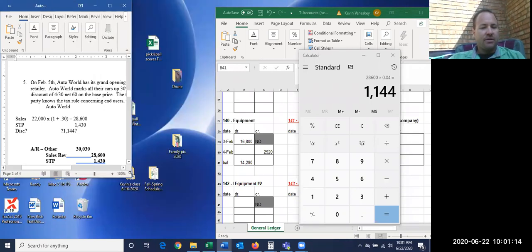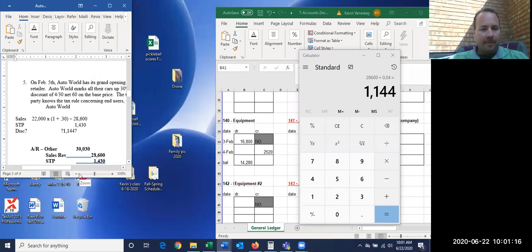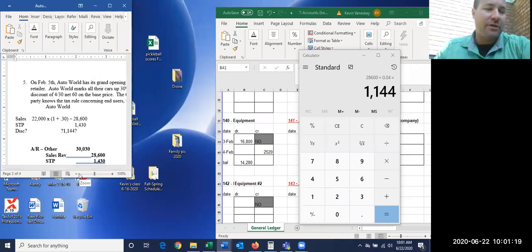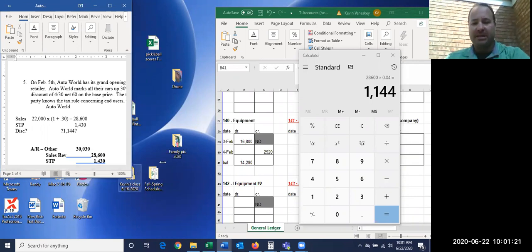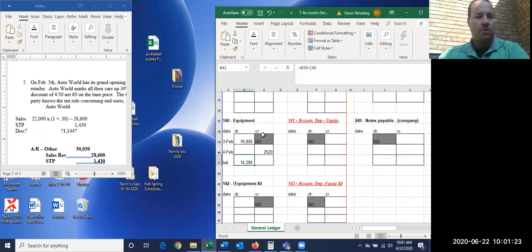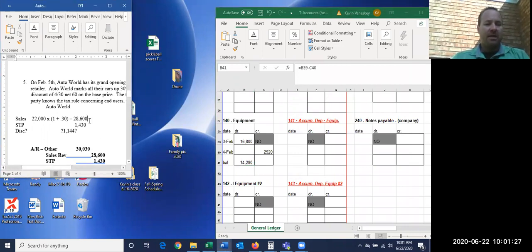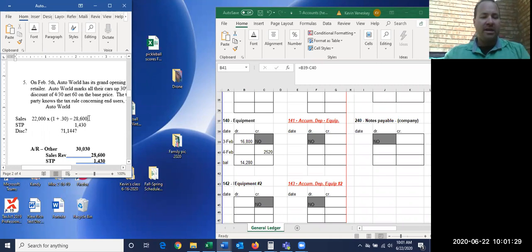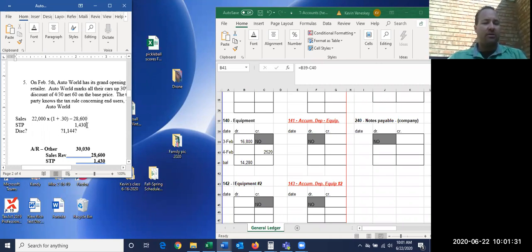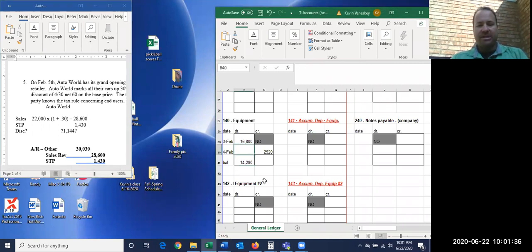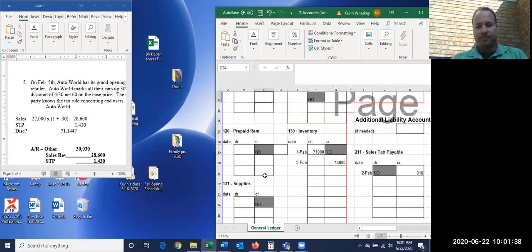All right. So what am I getting? This is what I'm going to be putting into my T accounts as well. I'm getting a promise to be paid for the $28,600 plus the sales tax that they owe. So I'm getting an account receivable from my customer.